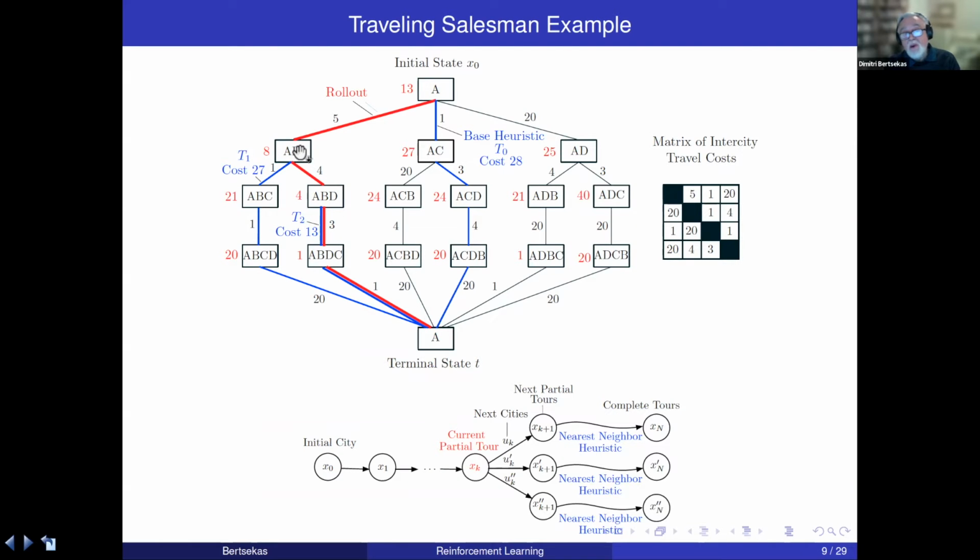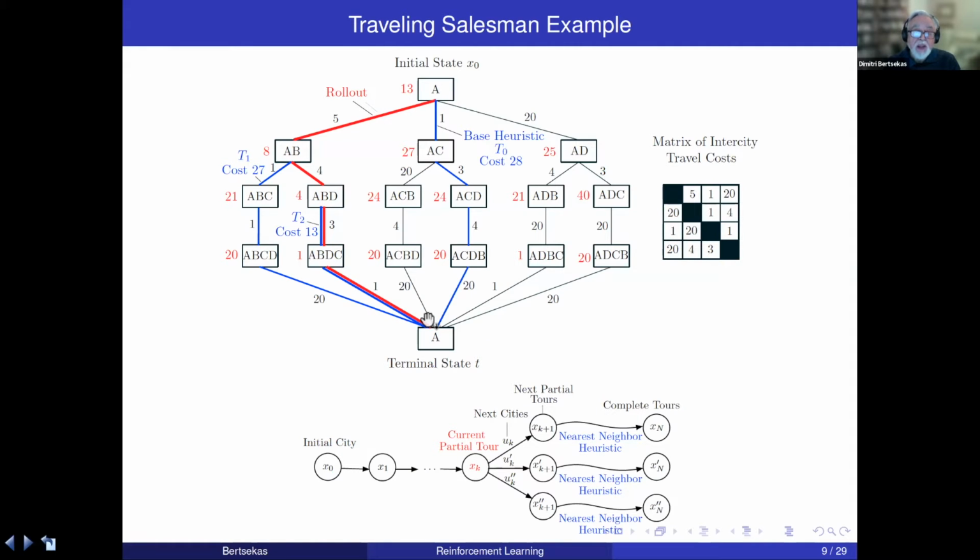And the rollout algorithm at this city is going to go to that city. And the overall cost is going to be 13. So we improved over the preceding choice. And then the rollout algorithm was going to move here. And then there's no choice but to go here and then to go here.